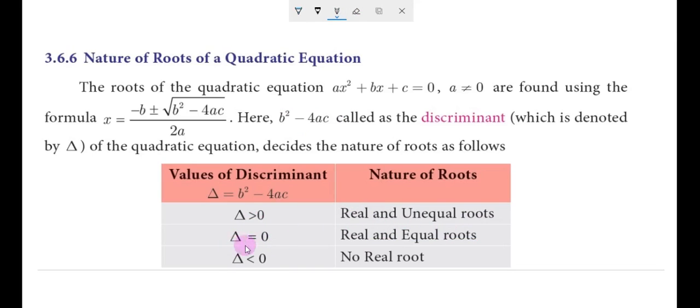If del equal to 0, it is real and equal roots, because equal to 0, so equal roots. Understood? If the del value is less than 0, it has no real root. Understood? Greater than 0 means real and unequal. Equal to 0 means real and equal. Less than 0 means it has no real root. Understood?